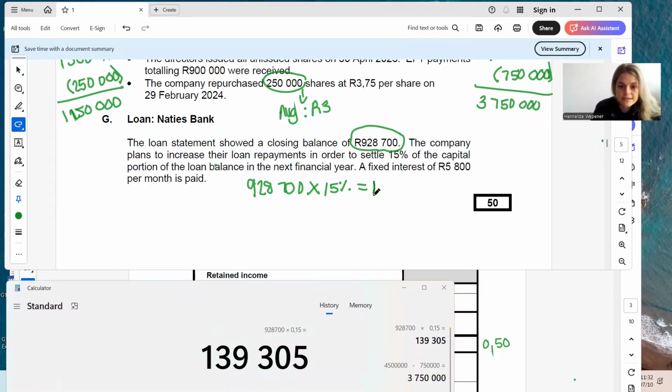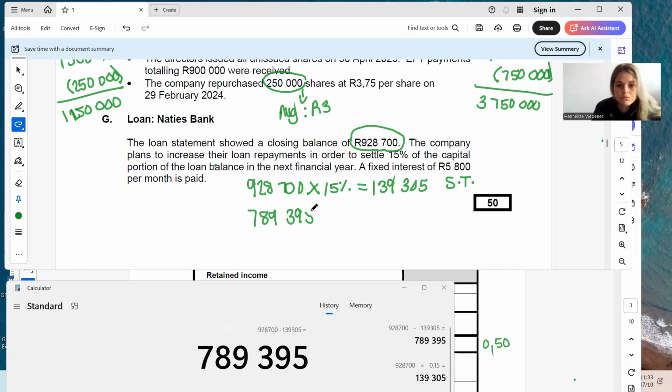So yes, we are still in the SFP. 39,305. So this is your short term. Then to see your capital balance after that, the amount that you will still owe, the capital amount still owed by the end of the next financial year, will be this amount.